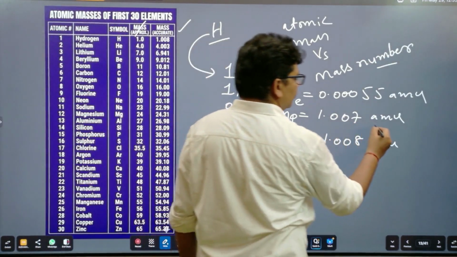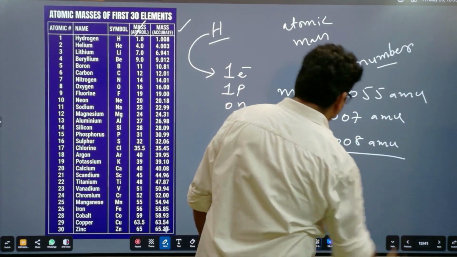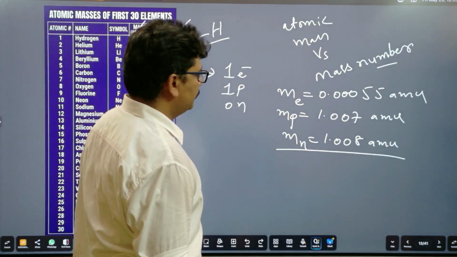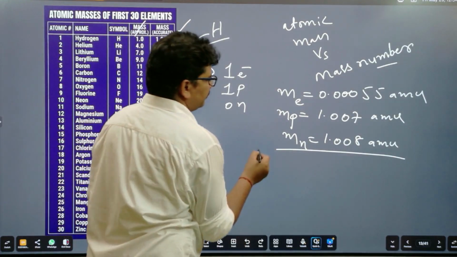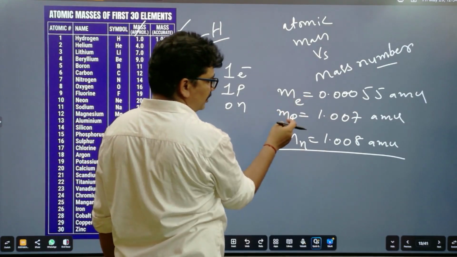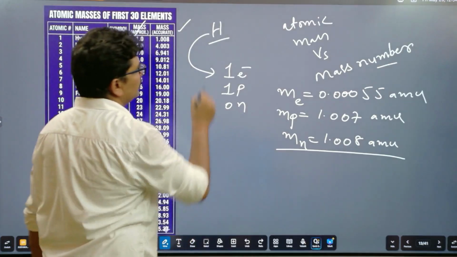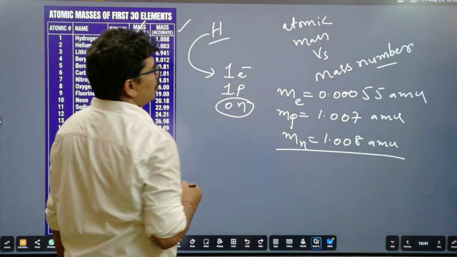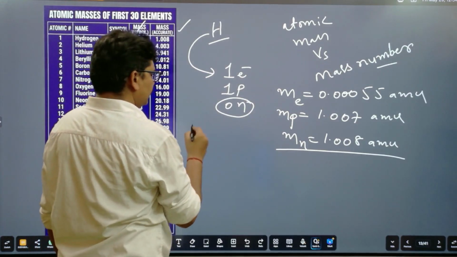Add all these things. This is electron mass, this is proton mass, this is neutron mass. In hydrogen, no neutrons, only proton and electron are there.